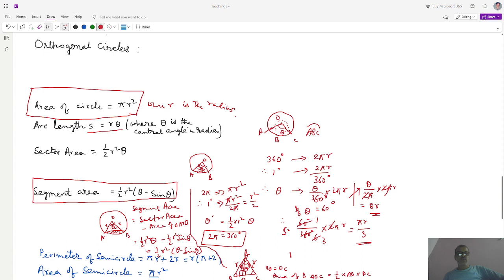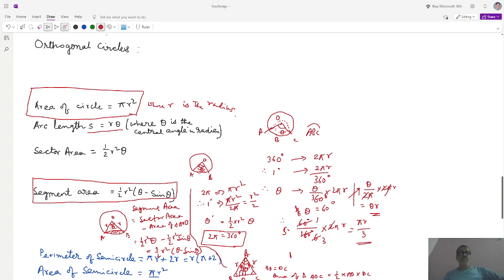So the full circle area makes an angle at the center equal to 2 pi radian. So 2 pi radian makes pi r square area of sector.